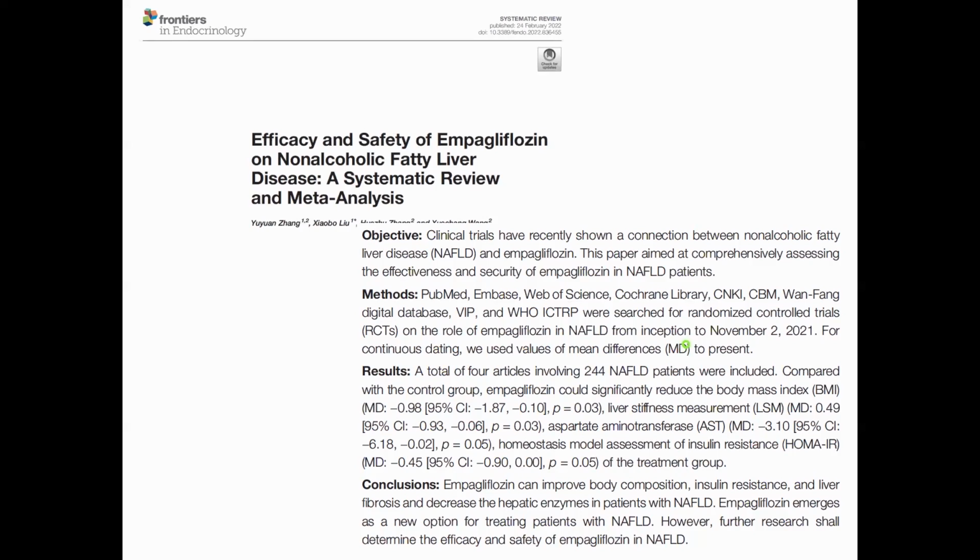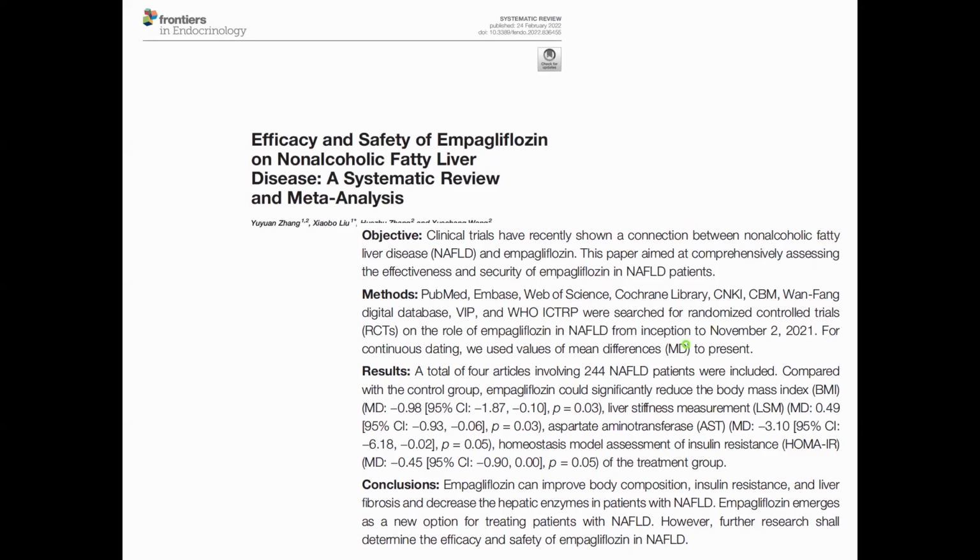However, as everybody experiences, there is definite weight loss, not severe, about 5 to 10 kilograms in patients who are on SGLT2 inhibitors. And that definitely improves the liver steatosis, insulin resistance measured by HOMA-IR, body mass index, and AST, ALT levels.